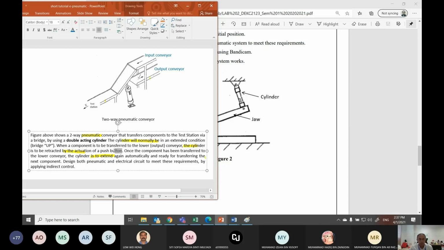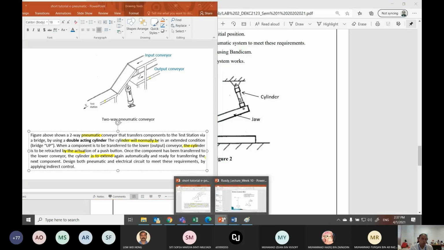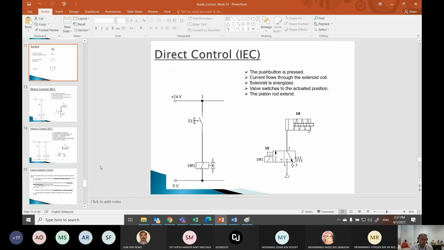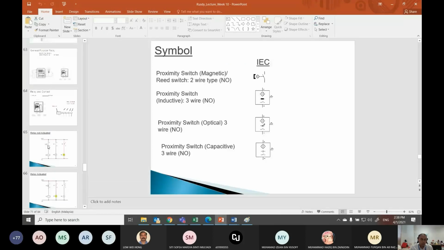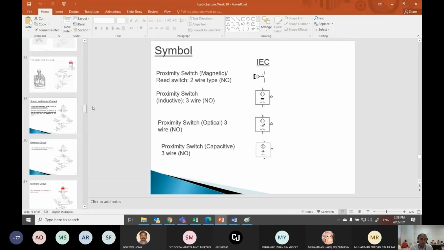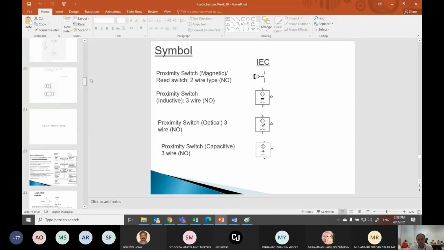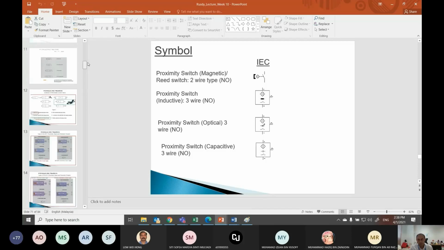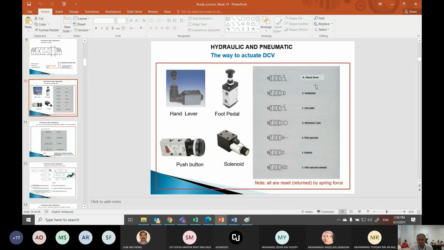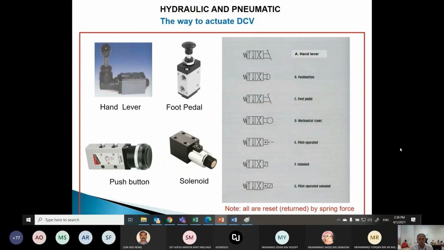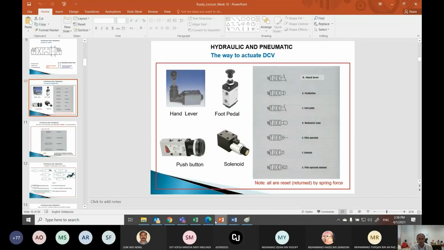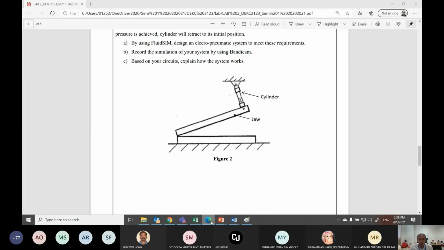So you can see that in this case you have two push buttons: if you look at the DCV you have a push button, and then you also have a push button in the electric circuit that we are using now.